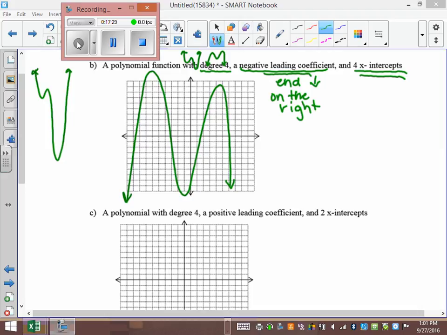It could look like this. Go through, and just go a little bit through. Way up here and down here. Doesn't matter. 1, 2, 3, 4. And negative. Your graph could look very much different than mine, right? You have to go through 4, and you have to start down, end down.